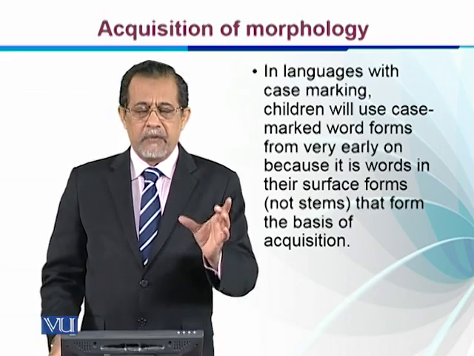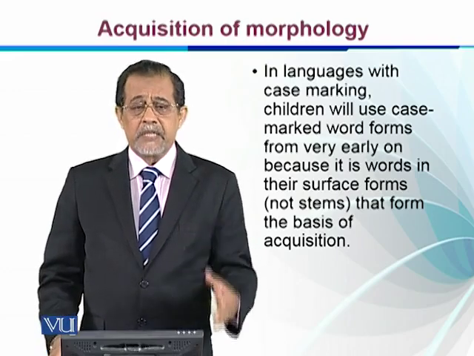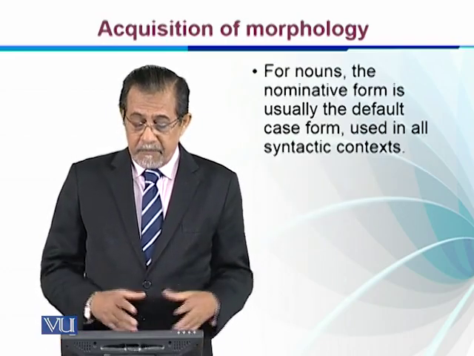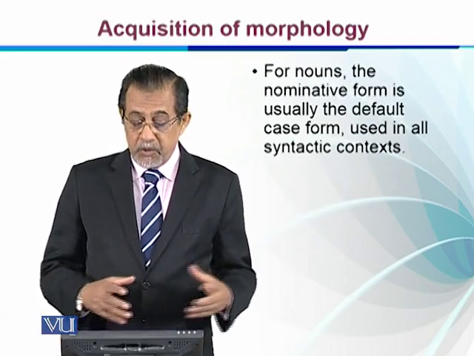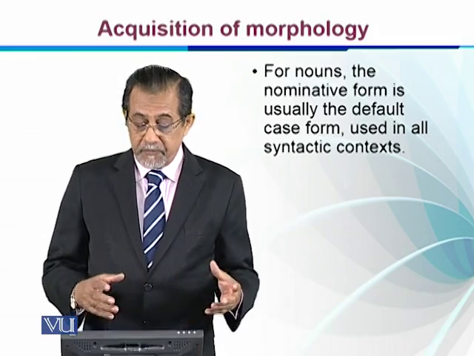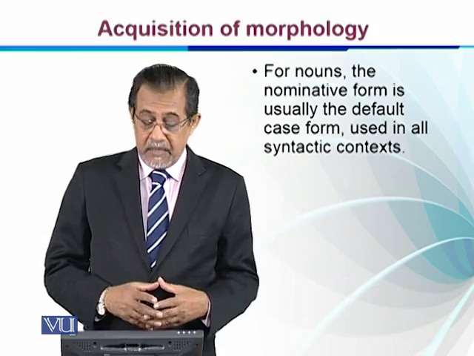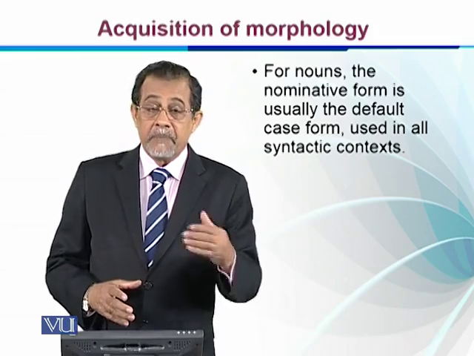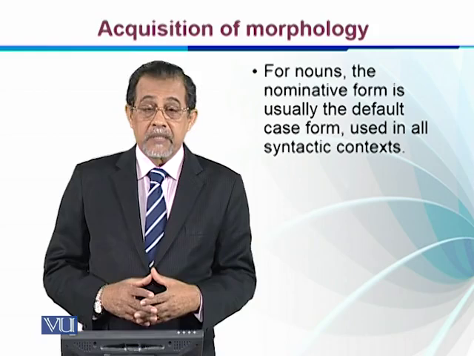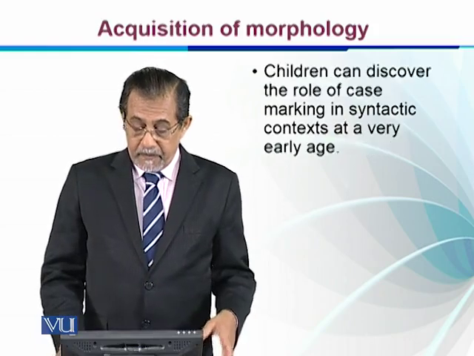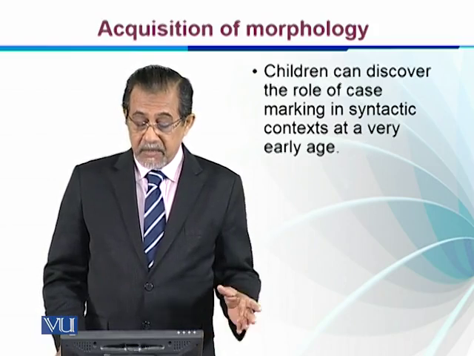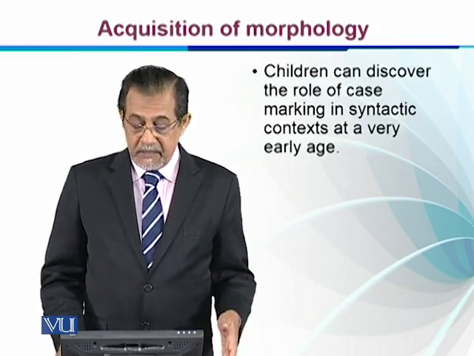So they will learn the word along with its case as well. For nouns, the nominative form is usually the default case form used in all syntactic contexts. So they will use I, for example, in all the contexts, right?